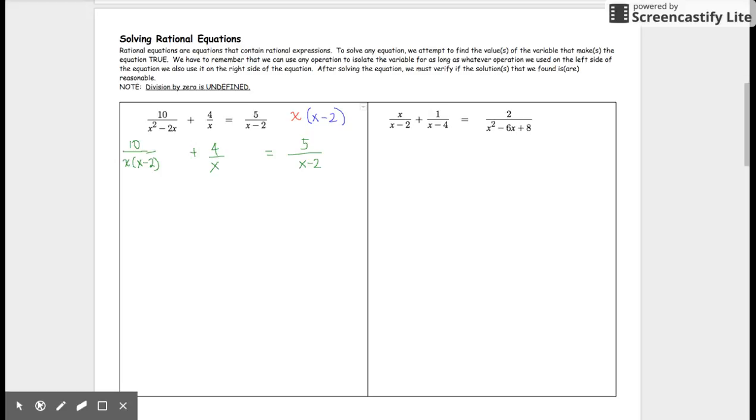Now it is convenient to look at this equation when the denominators are all the same. So let's make the denominators the same without changing the value of the expressions and without changing the equation, so that the equation will still be equivalent to the original.